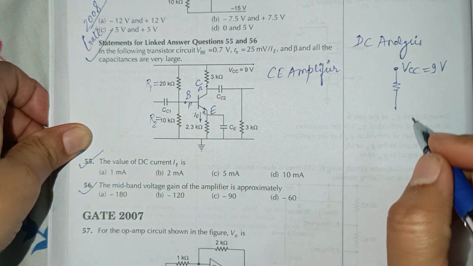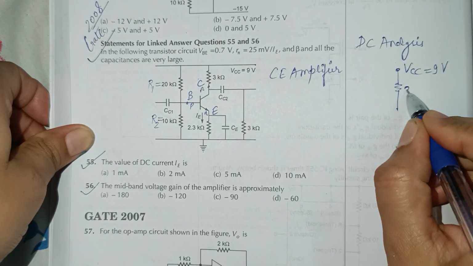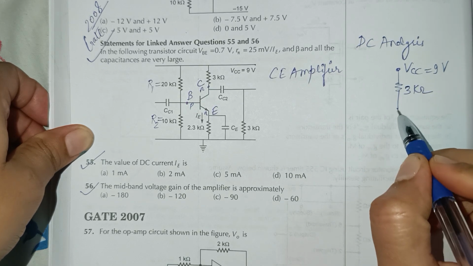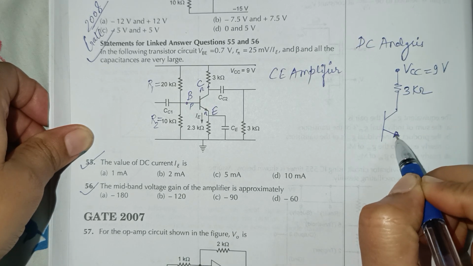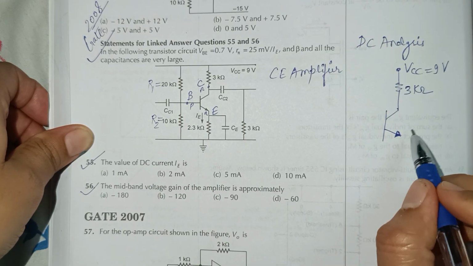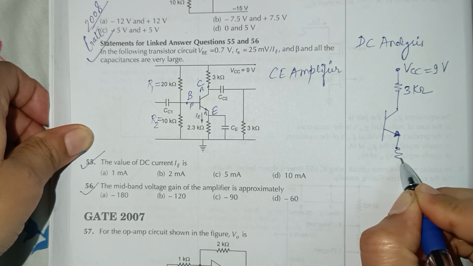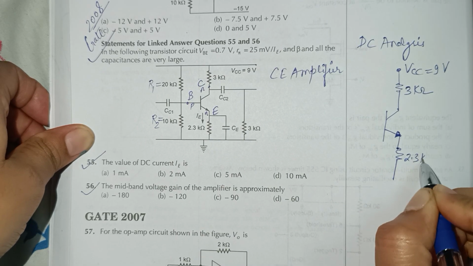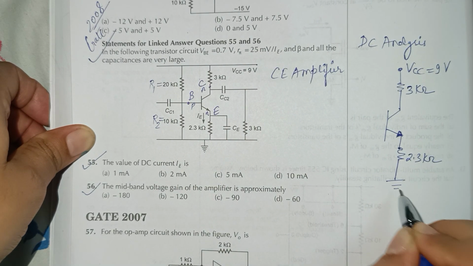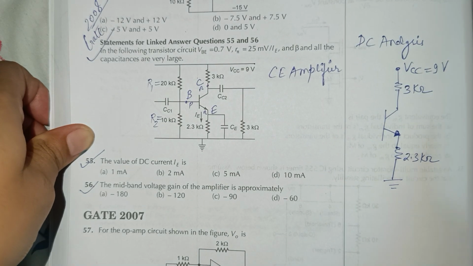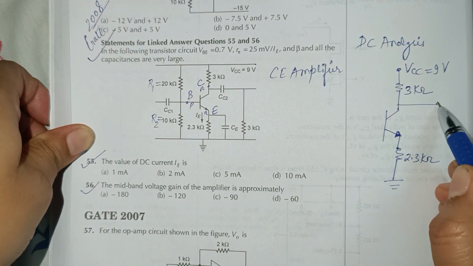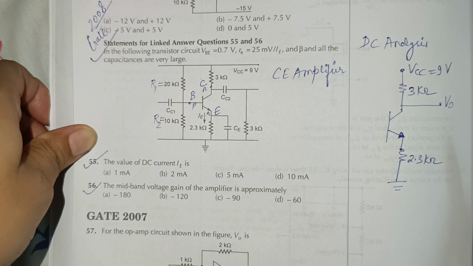So this is VCC 9 volt and this is collector resistance 3 kilo ohm. This is the BJT in the DC analysis, and because this capacitor is open circuit, we have 2.3 kilo ohm emitter resistance here and this is grounded. And the output V output is here.